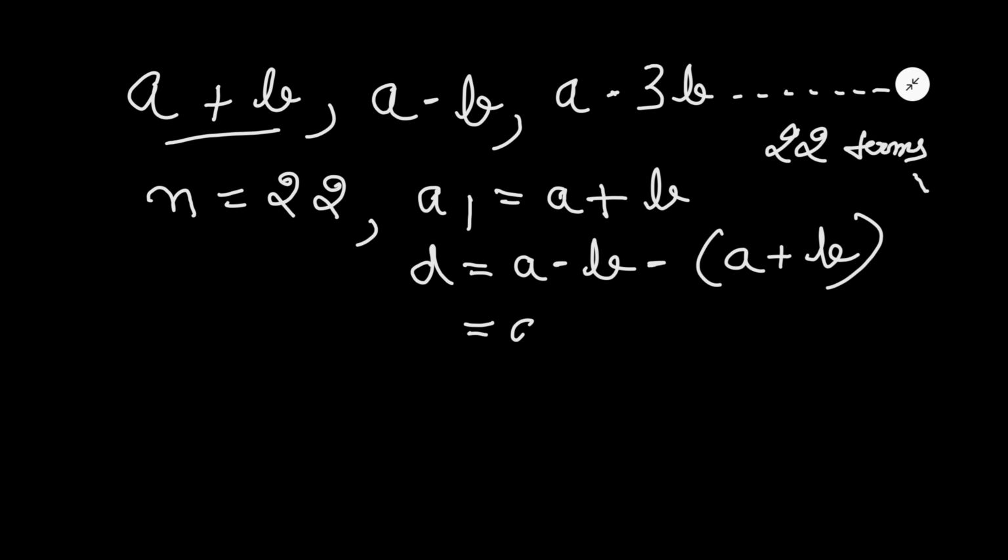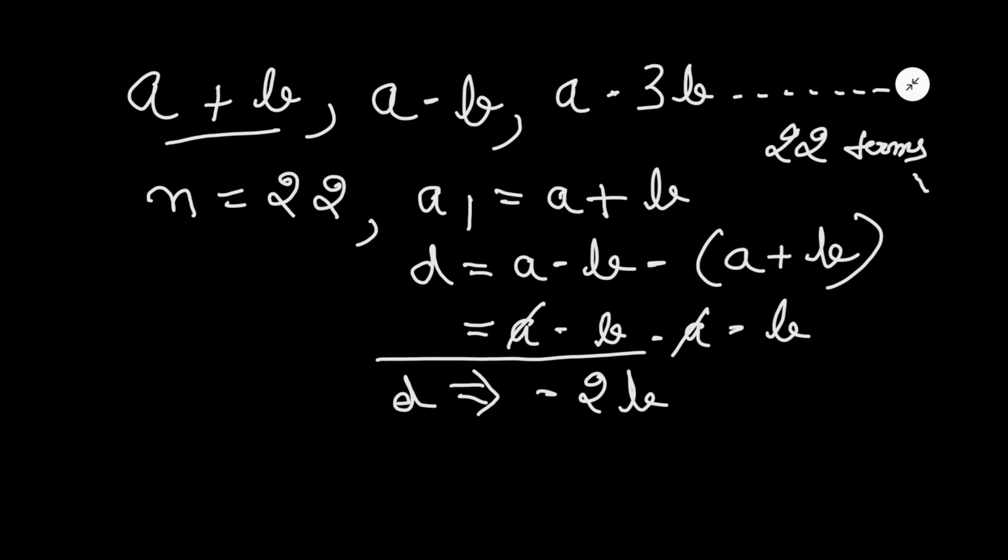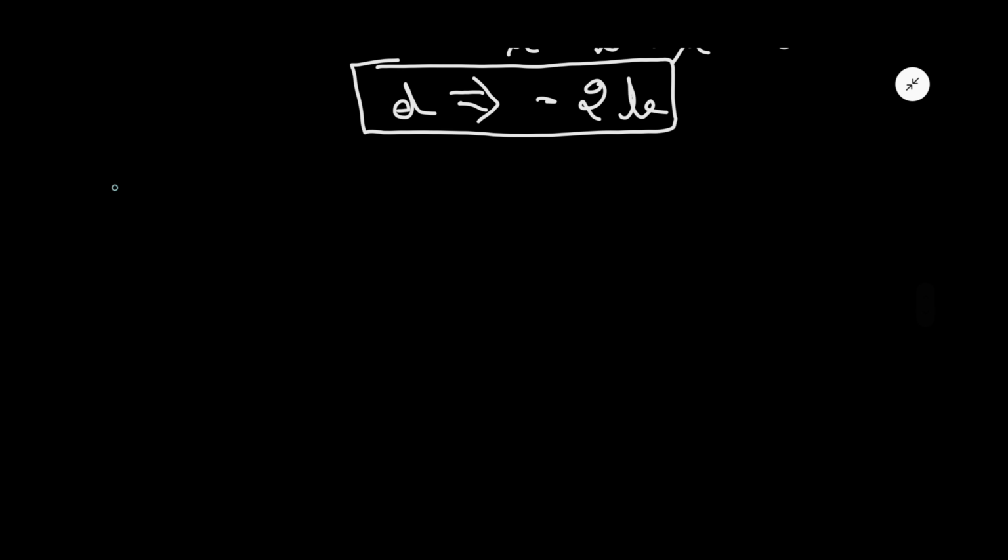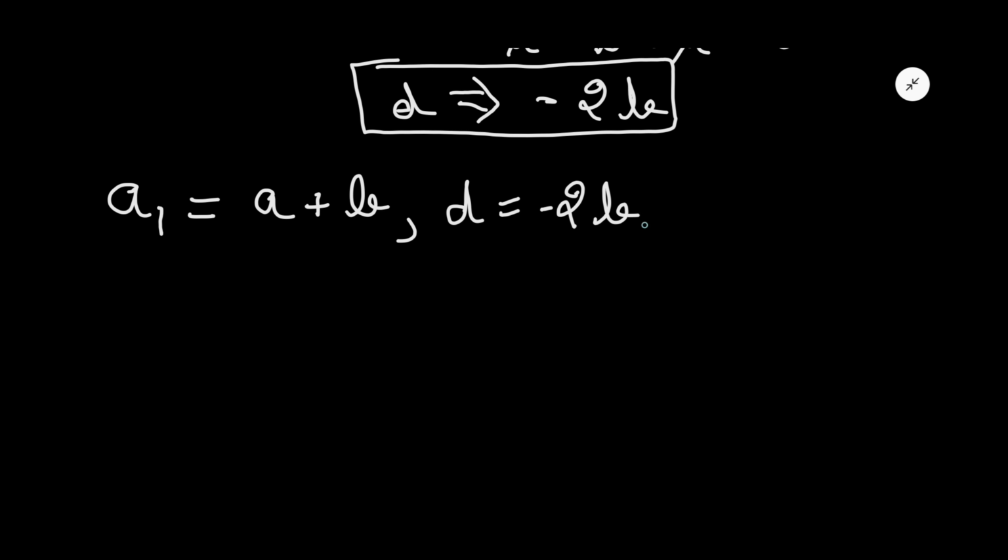So here a minus b minus a minus b: a minus a is 0, minus b minus b is minus 2b. So our common difference is minus 2b. So we have our first term, which is a plus b. The common difference we already calculated, which is minus 2b.